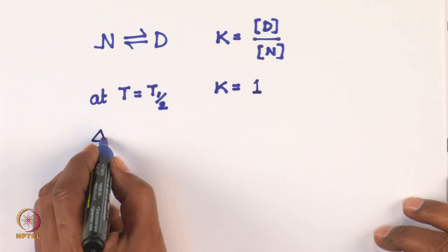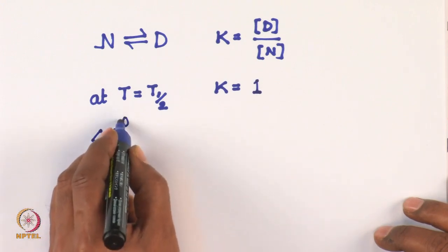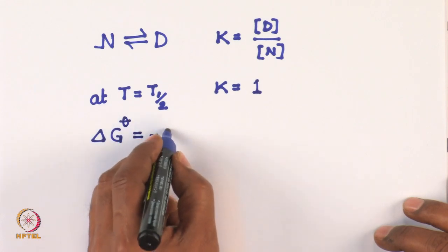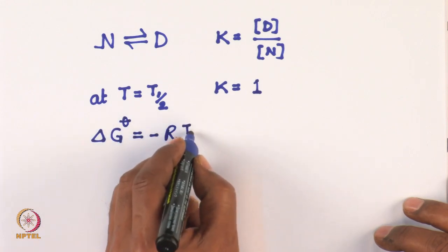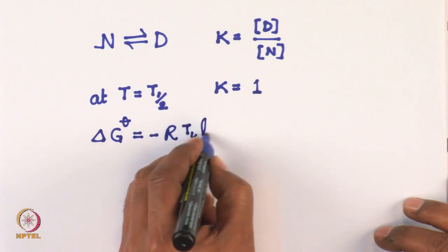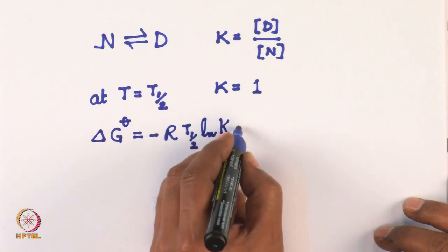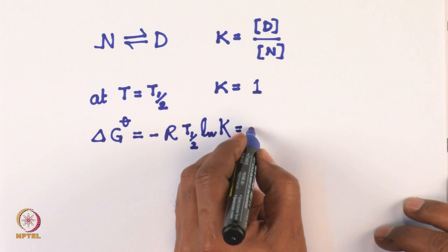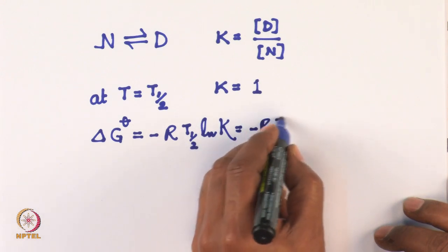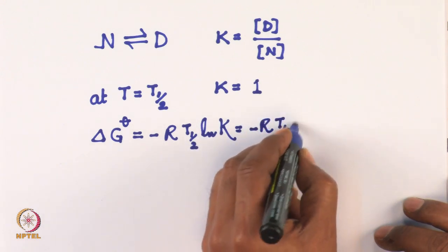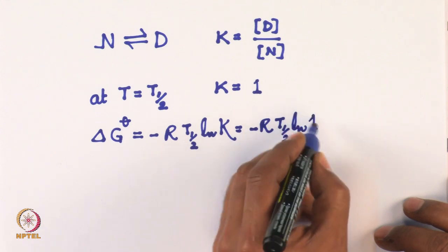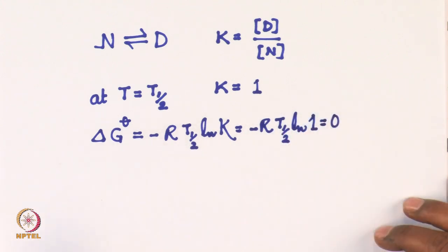So, therefore, delta G naught is equal to minus R T half log K, which is equal to minus R T half log 1, and this is 0.